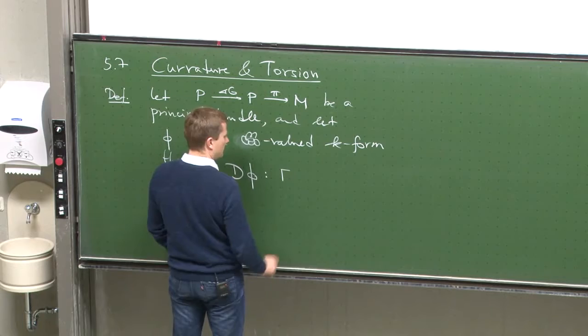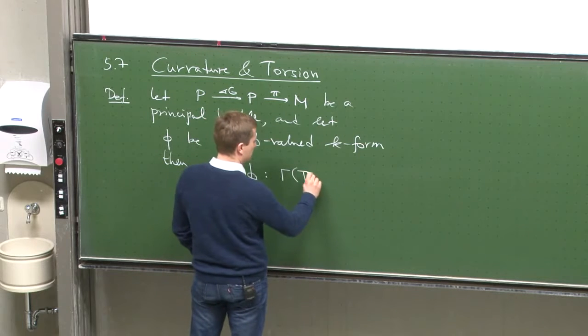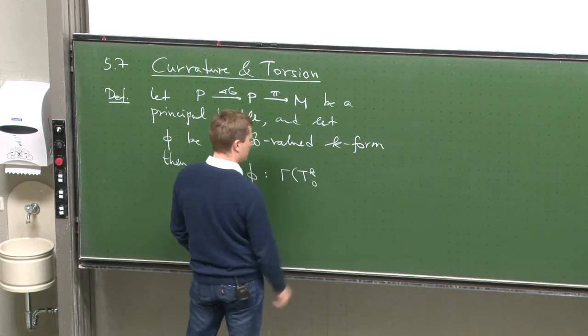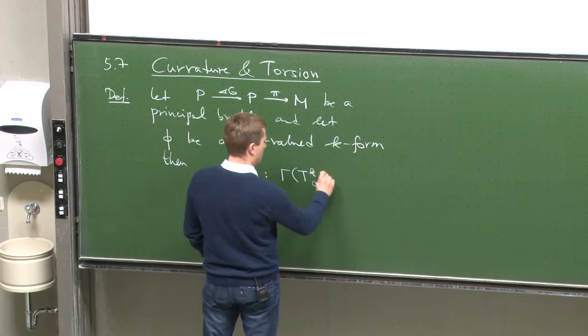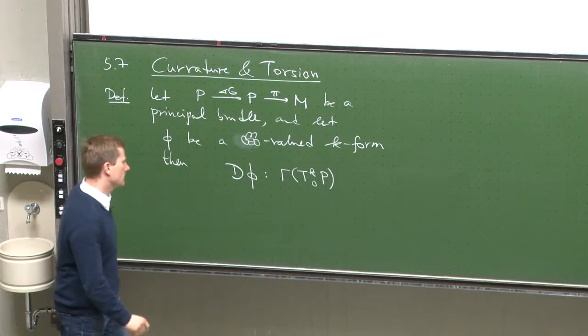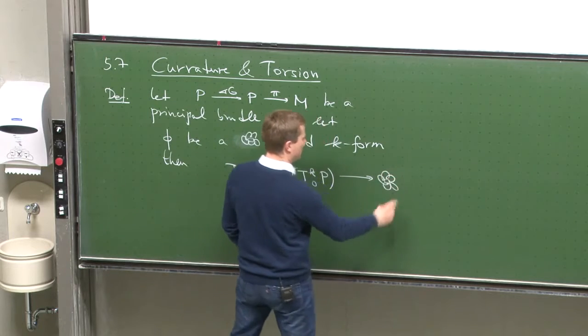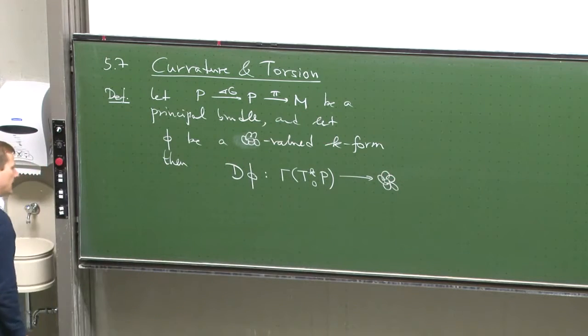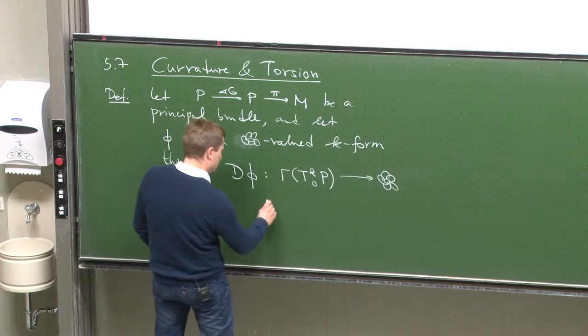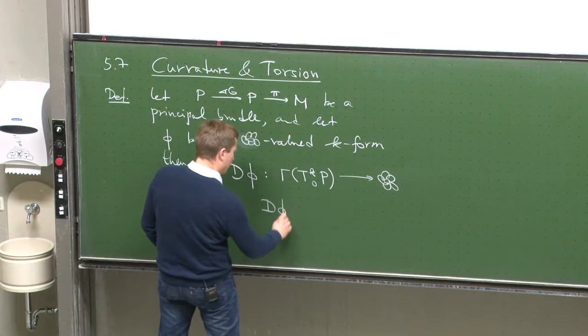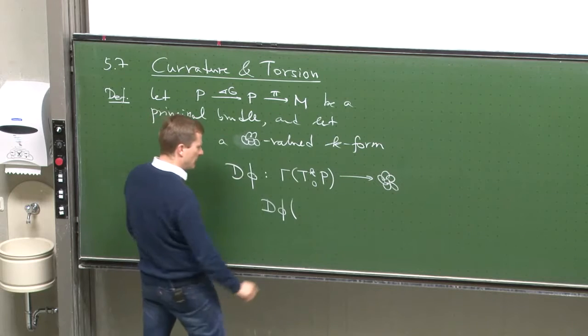So it actually takes K vectors here on the principal bundle, and it maps to, well, whatever it is. It maps to the flower space, and it's defined particularly simply as D phi as a K plus 1 form.